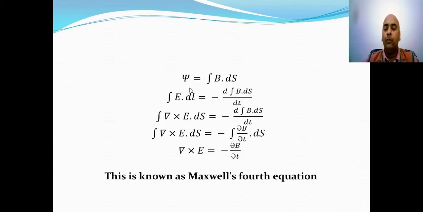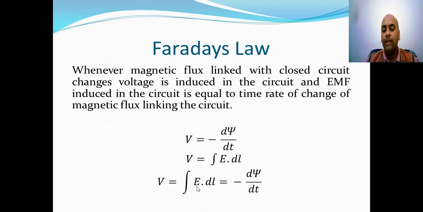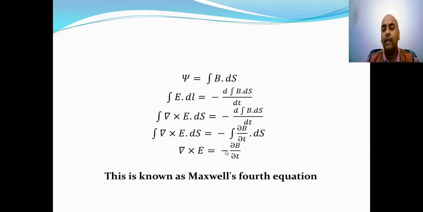So again we know that the total magnetic flux linked with the surface can be obtained by integrating the magnetic flux density B over the surface S. So after rearranging we obtain that the integral of E dot dl is equal to minus d/dt of, in place of psi we are writing the integral of B dot dS.